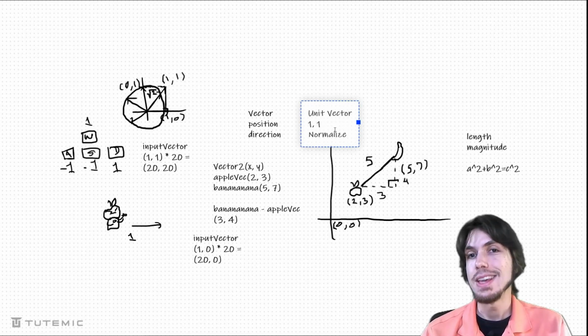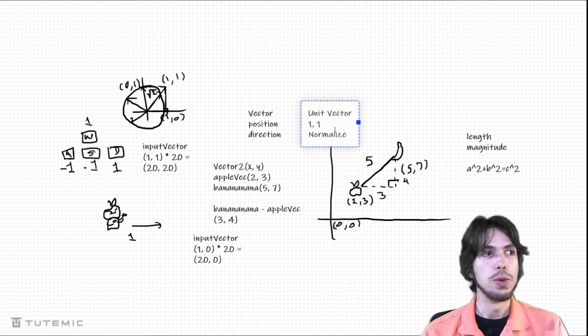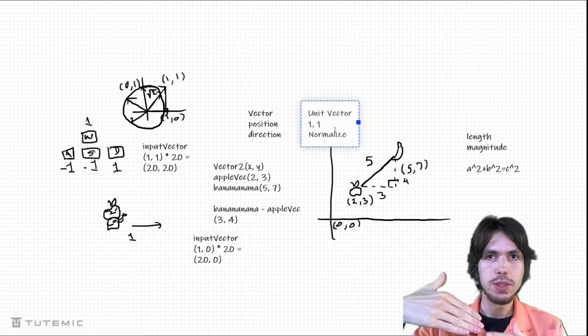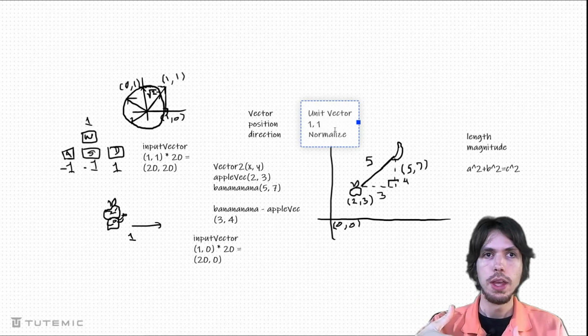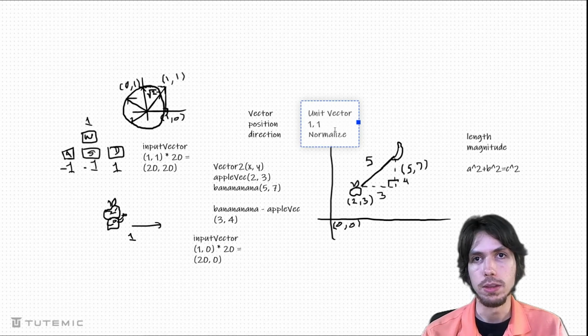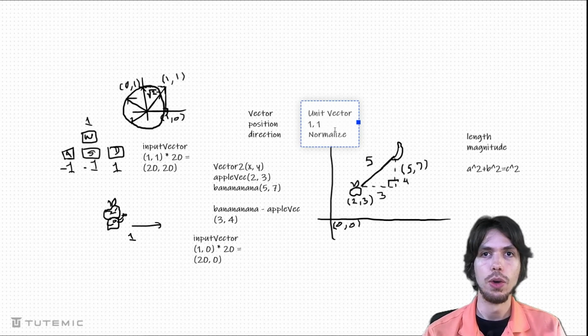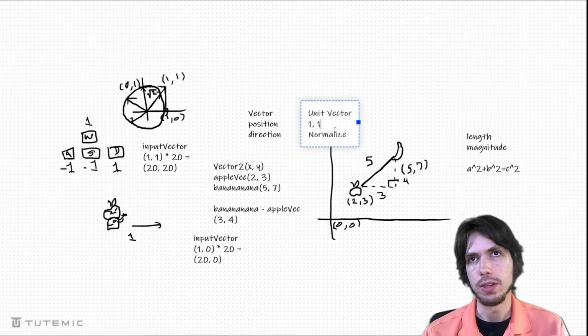Well, you take your x and y components, you produce the length, which is the square root of 2, and you then simply divide the x and y components by that value. You're just dividing the length away from each of the x and y components, and then that vector is normalized.